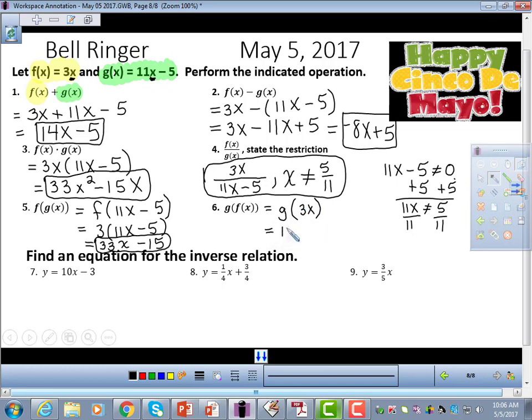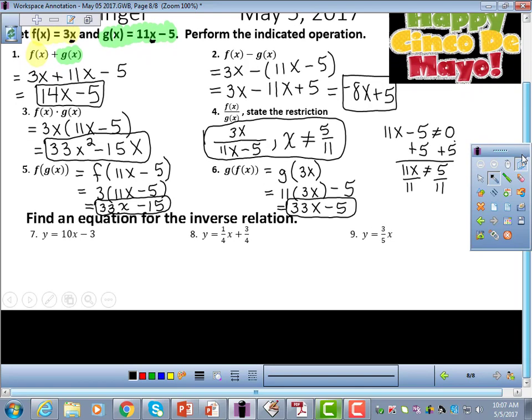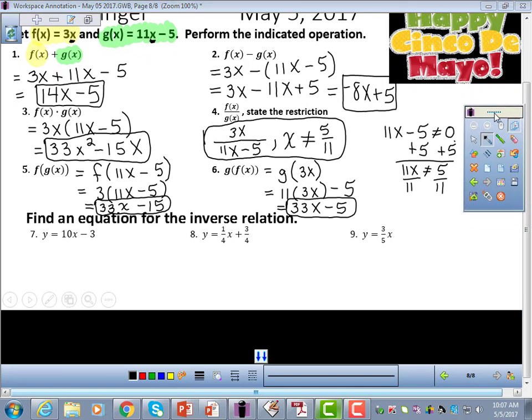So it becomes 11 times 3x minus 5. 33x minus 5. Feeling smart? Okay. Can you do that on a test? If you can't, you need to come in for some help, right?